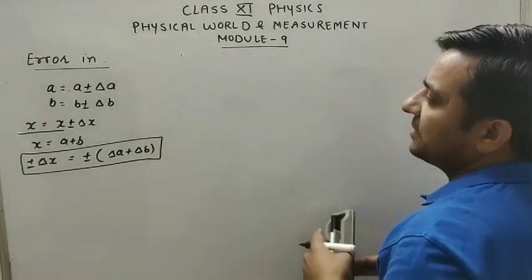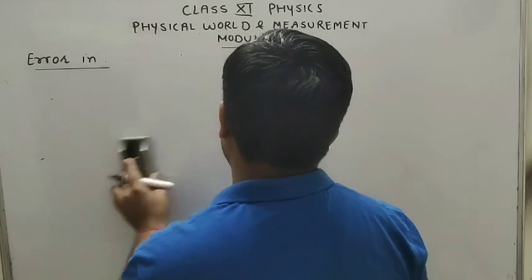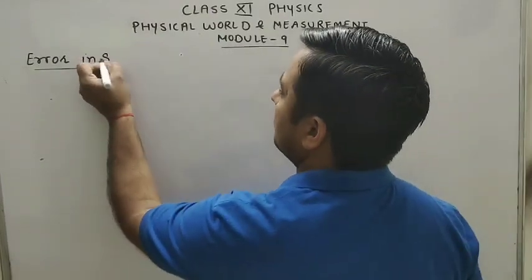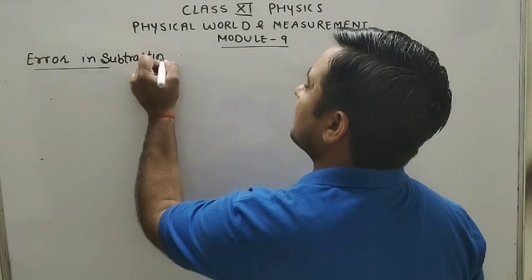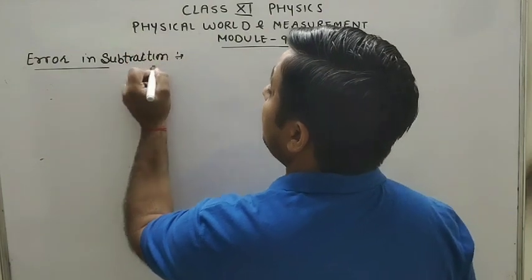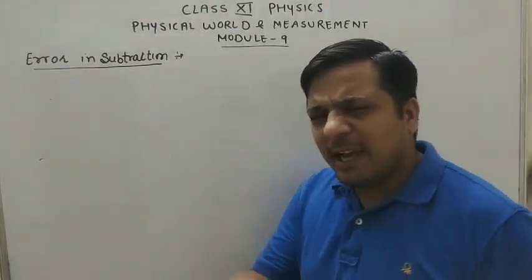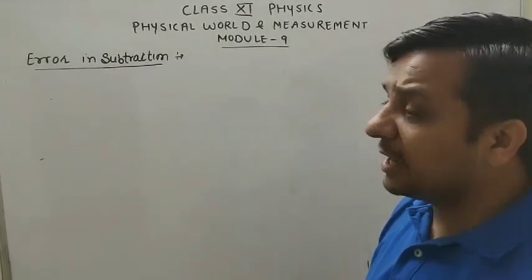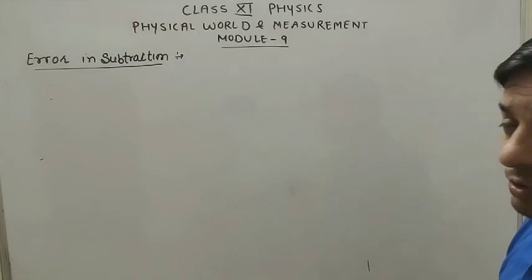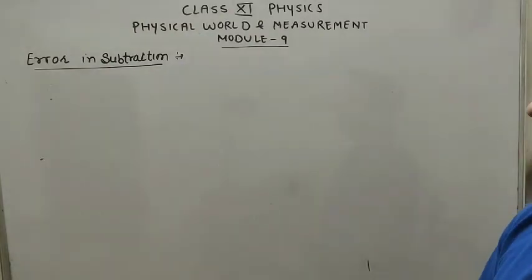So next, error in subtraction. Dear students, same formula, you know. First thing, you can't subtract error at any time. So error in subtraction is also the addition of error, right?